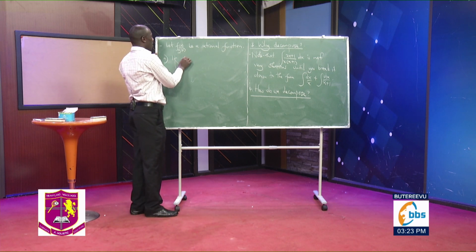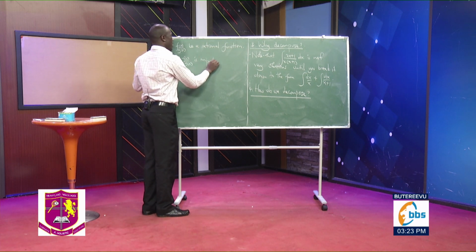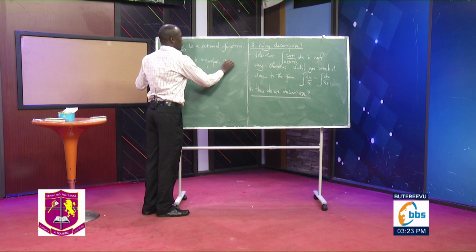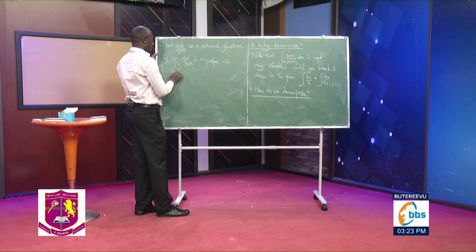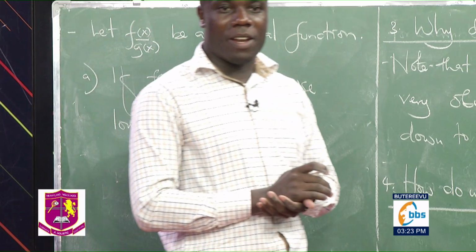Now, if this guy here is improper, if this guy is not proper, you use long division. We all know the long division algorithm from our remainder theorem.